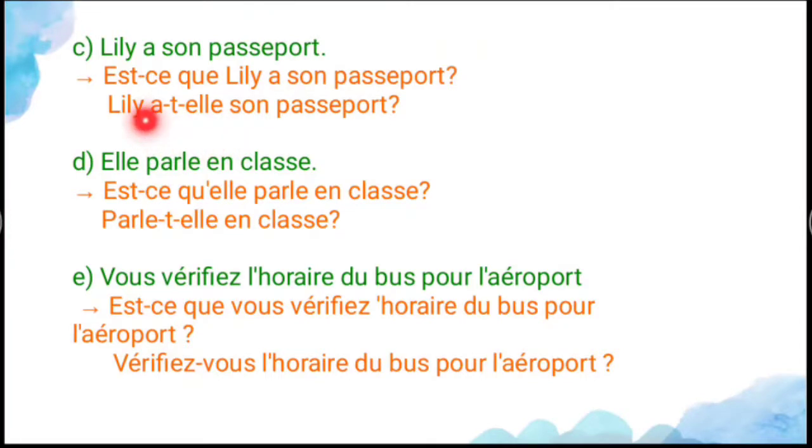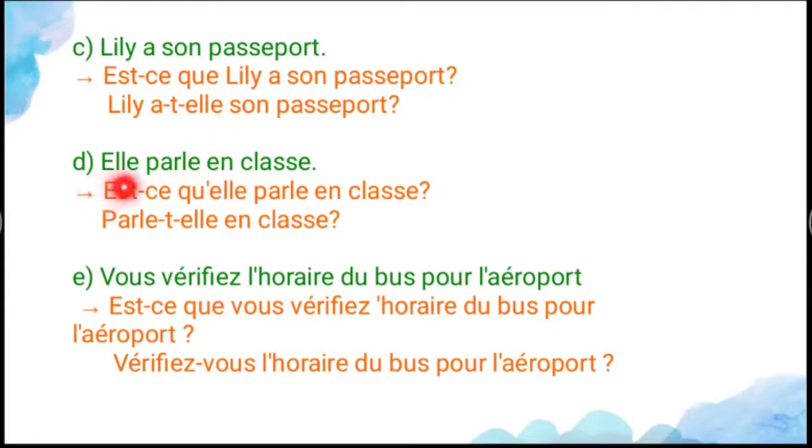The verb here is a, and the subject is elle. So in between you have to use a T. Why? Because the verb ends with a vowel and the subject begins with a vowel. For that you have to put T. So Lily a-t-elle son passeport? Does Lily have her passport?